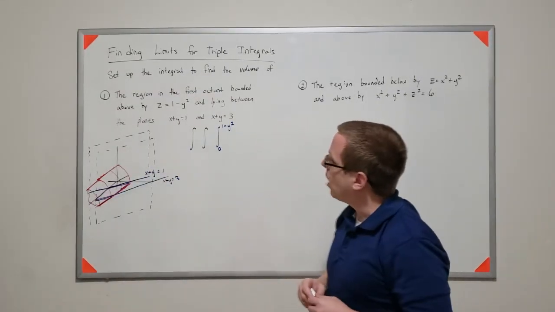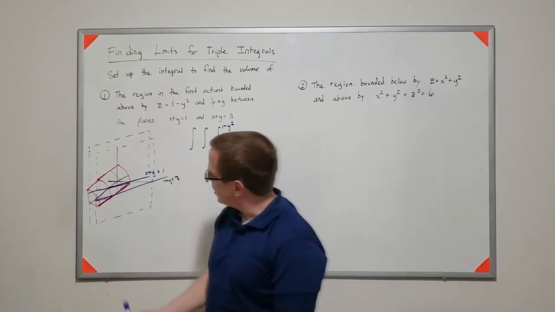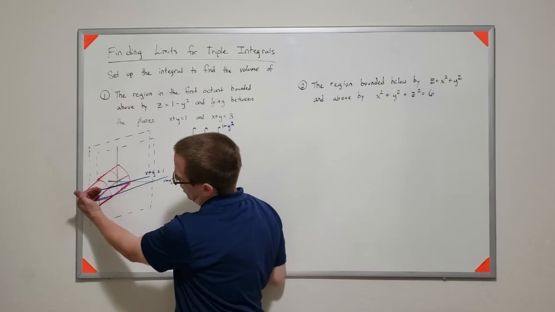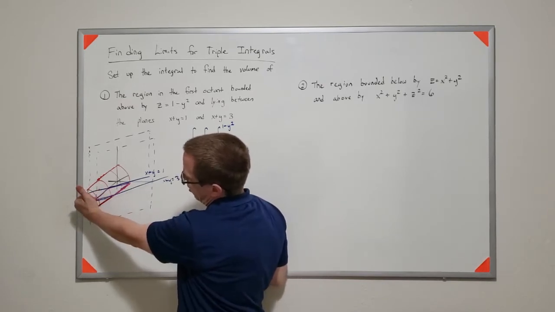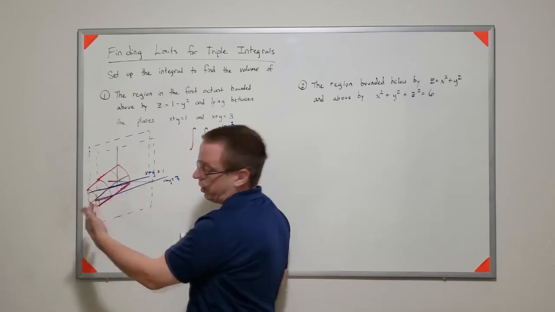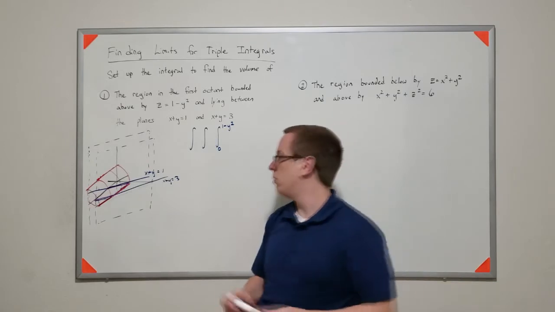Now for x and y. This is a little trickier, but what I notice is that in the y case, since we start in this and move out to that function, y goes from 0 to 1. Y is always sliding from 0 to 1.